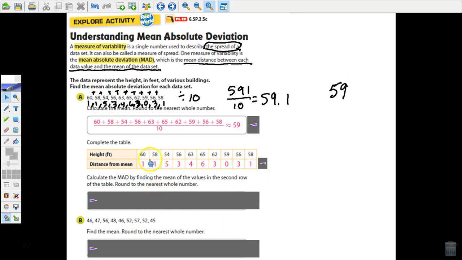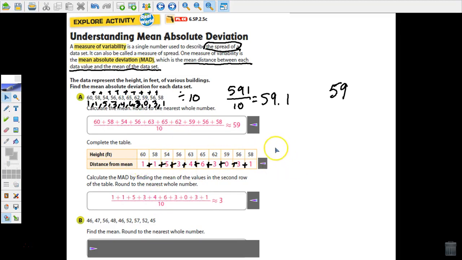Now calculating the MAD would be adding all of these together and then dividing by the amount. Okay? And yes, the 0 still counts. Always count this 0 as one of the numbers. So then we add them all up, we divide it by 10, and then our mean absolute deviation would be around 3 because it says round to the nearest whole number.